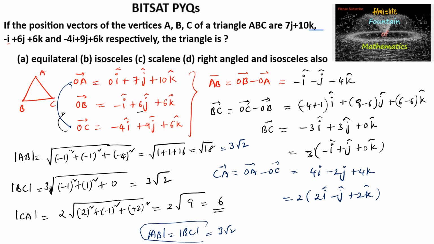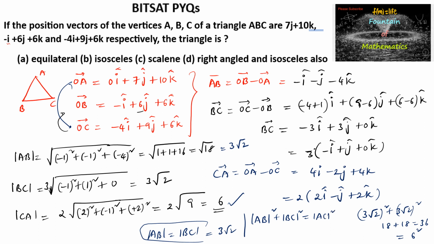Let us check. 3 root 2 whole square plus 3 root 2 whole square, that is 18 plus 18, since 9 twos are 18, and 18 plus 18 is 36. 36 is the square of the third side, that is 6 square. And we can also consider here mod AB square plus mod BC square is equal to mod AC square. So it is also a right angle triangle. And hence we can conclude the option right angled and isosceles, option D.